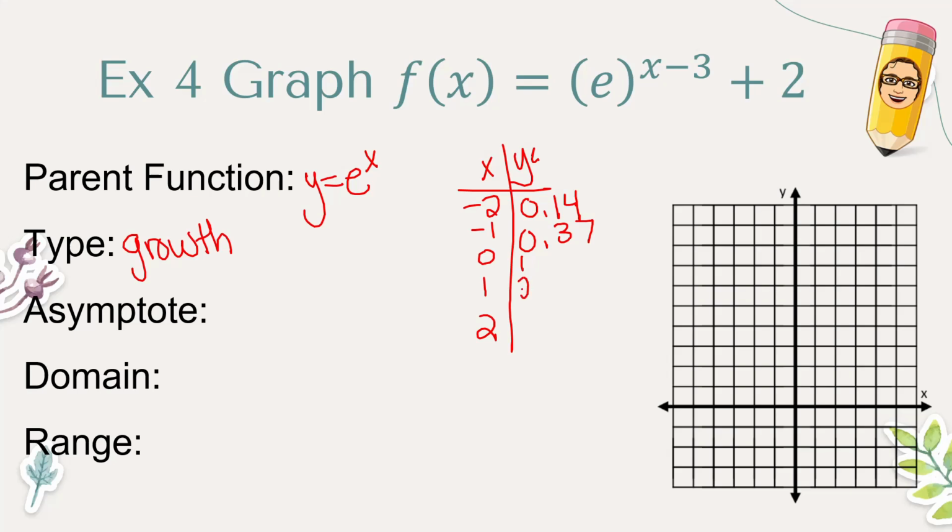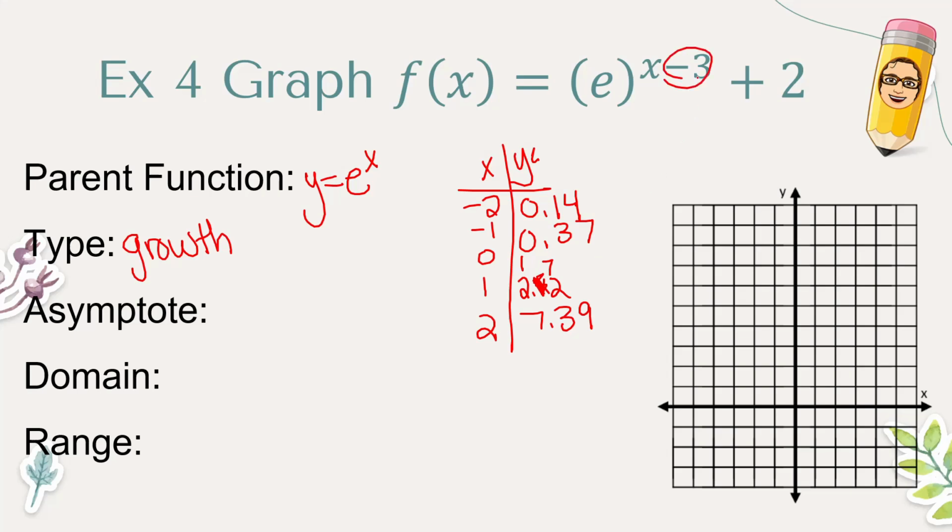E to the first is 2.72. Oop. There we go. Sorry, guys. Tablet decided to be weird there. And then e squared is a total of 7.39. Now, if you're having trouble finding that e on your calculator, please talk to me so I can help you find it. Usually it's just hiding somewhere as a second key.